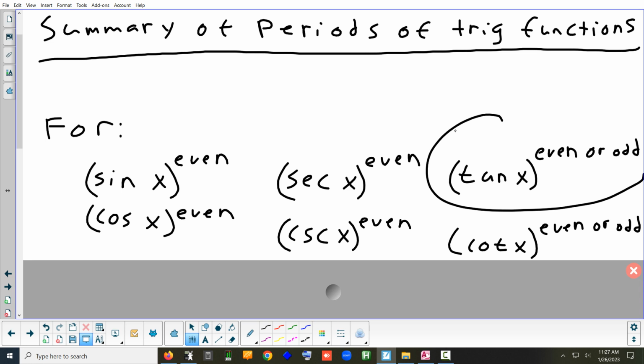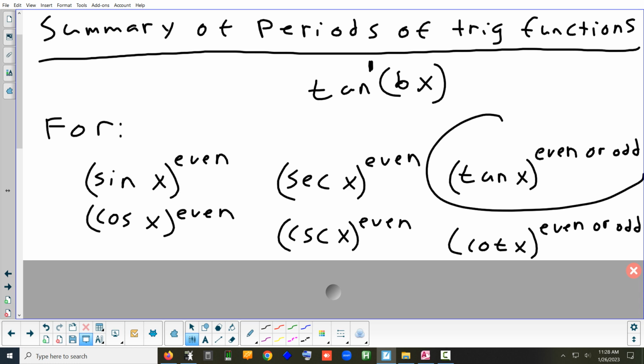What's the formula to find the period for tangent? Pi over b. And if you think of tangent, what power is really in that problem, even though it's not written? 1. Yeah, so this is the formula for tangent to an odd power, pi over b.